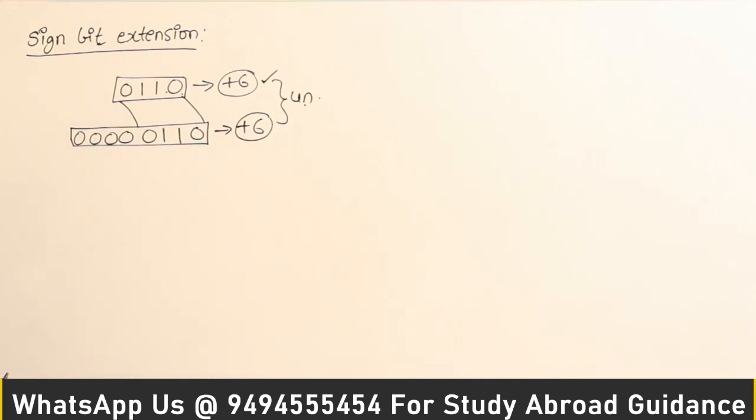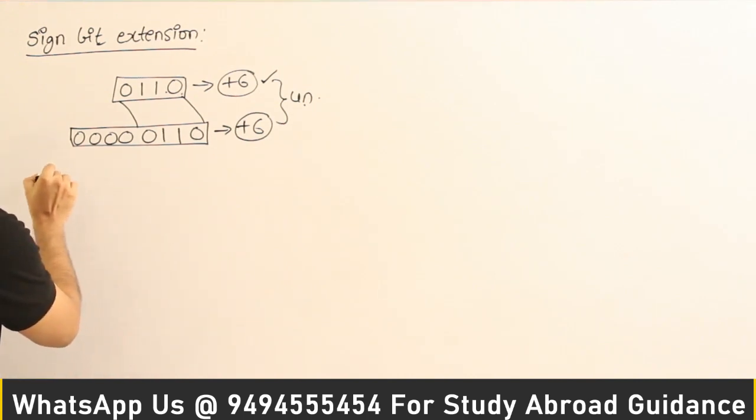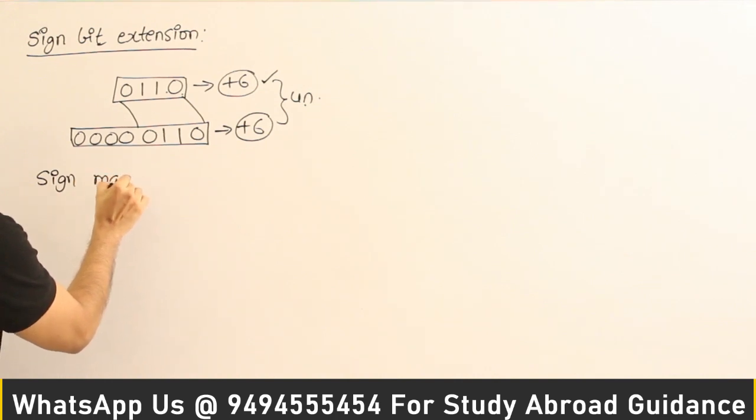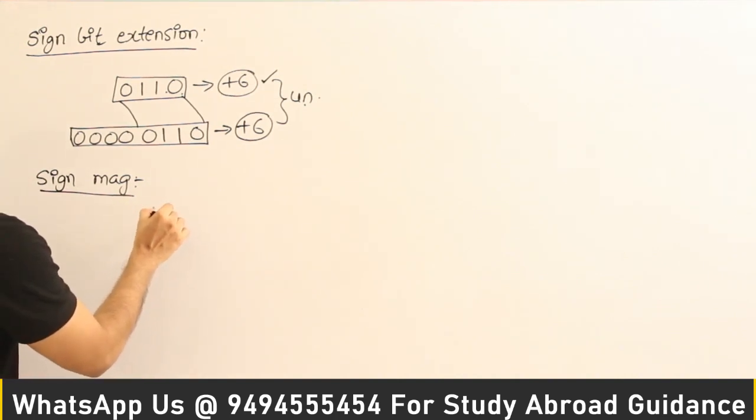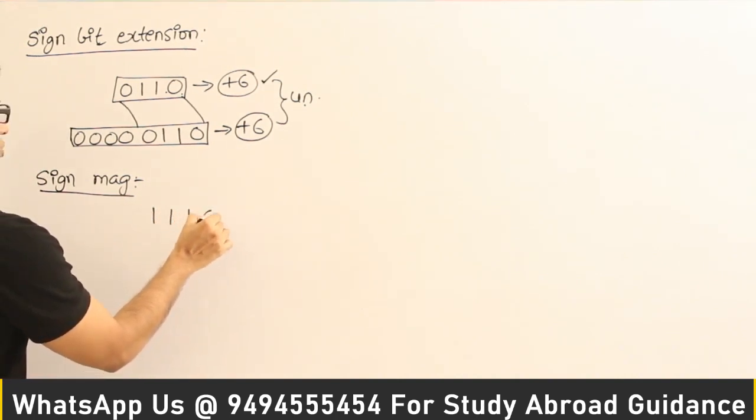Now what about the signed numbers? Signed numbers might even include minus, right? So let us say we are using sign magnitude representation. In sign magnitude representation, how to represent minus 6 in 4 bits? 1 1 1 0 is minus 6.